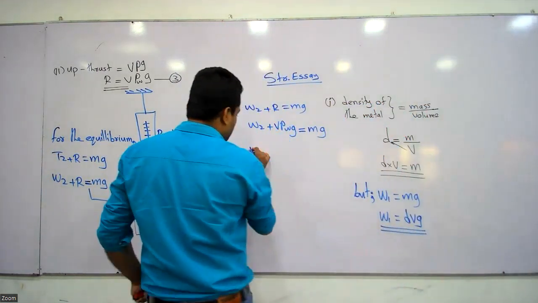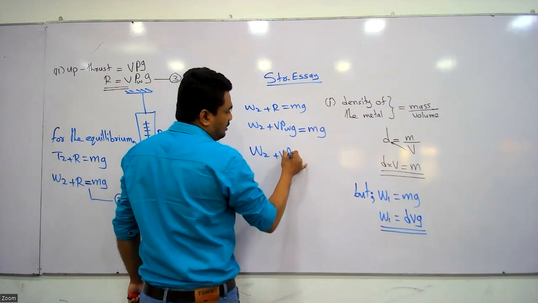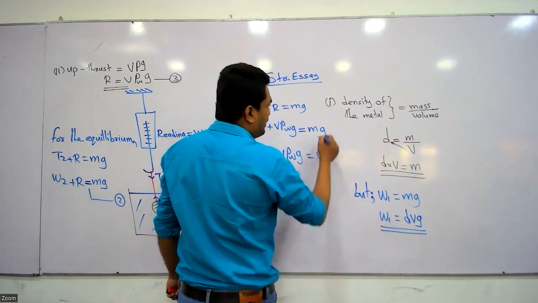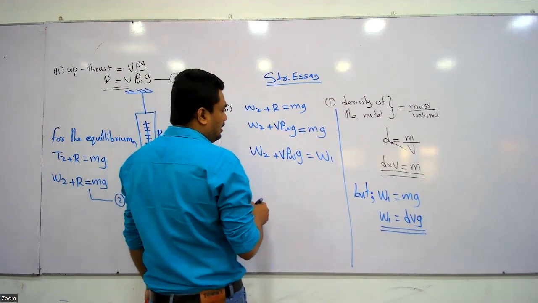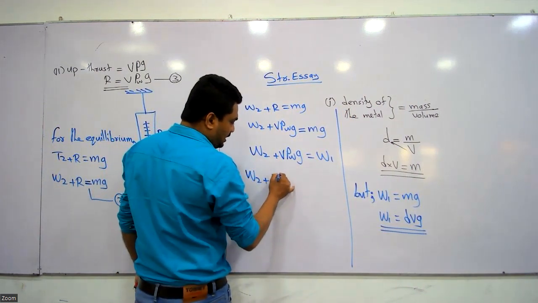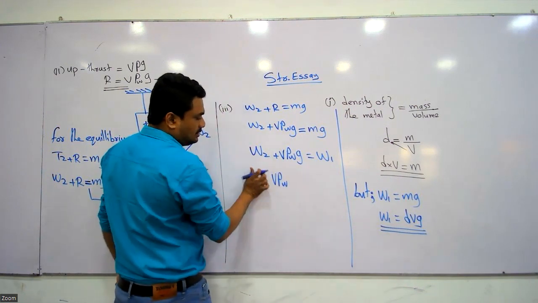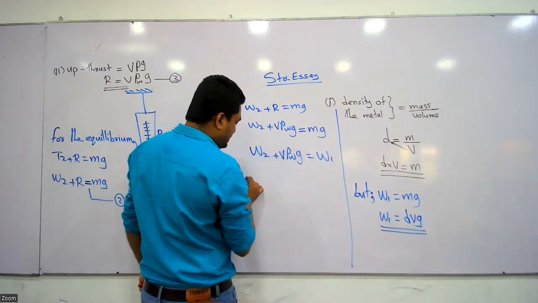Look at board. W2 plus V rho WG equals Mg, which is W1, right? Let me take W1 to the other side.